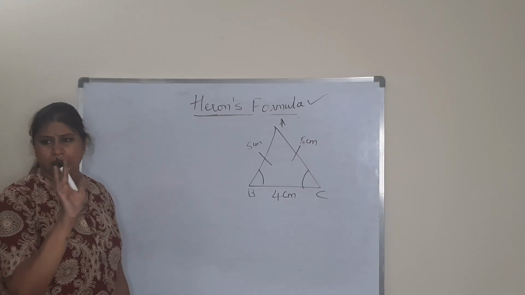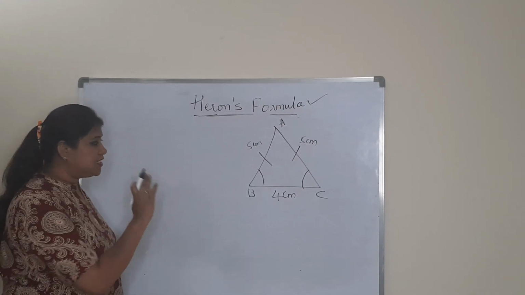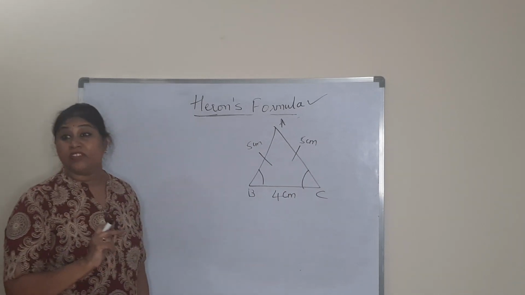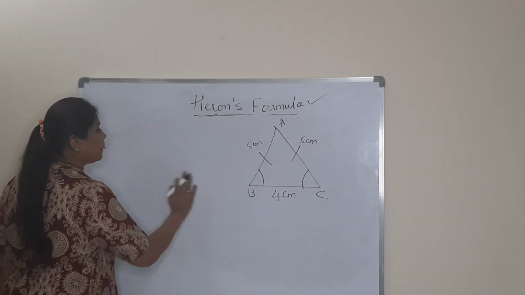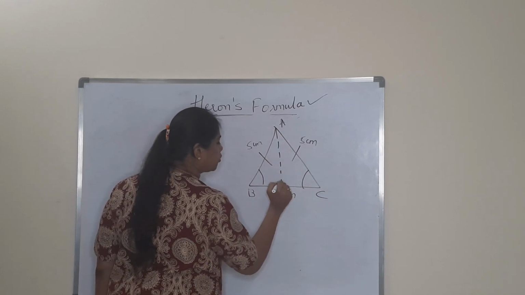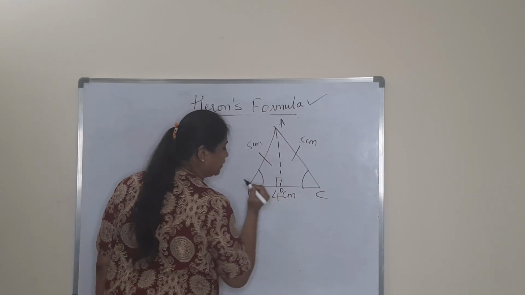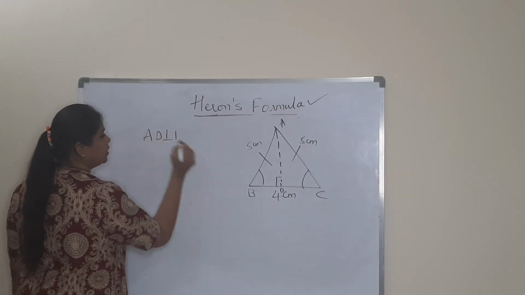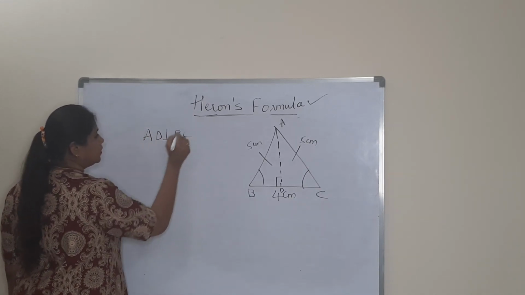Now we don't need to talk about the angles. We'll talk only about the sides, because we are concerned with the area of the triangle. Now see, the sides of this isosceles triangle are given and the height is not given, so I'm going to drop the height. Fine. So I'll say AD is perpendicular to BC, right?